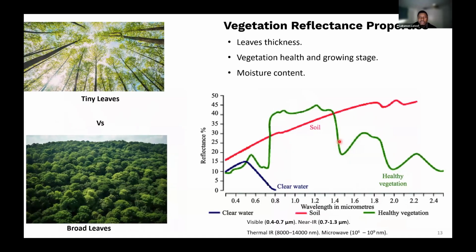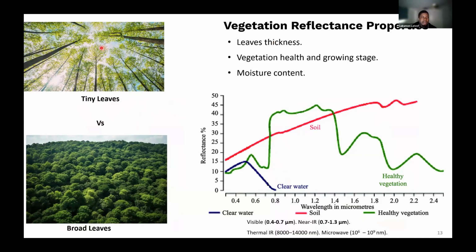So I will now look into each of these three features in detail to see what can also affect their reflectance. The thickness of the leaf is a very important factor that can affect the reflectance of vegetation.